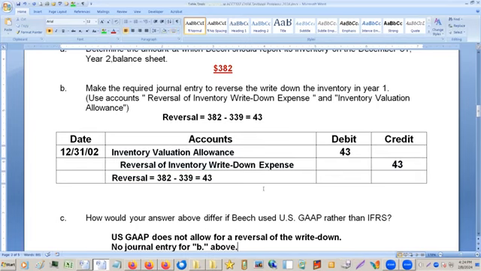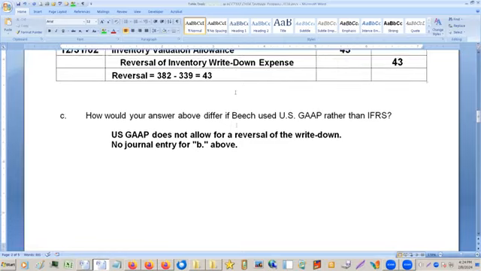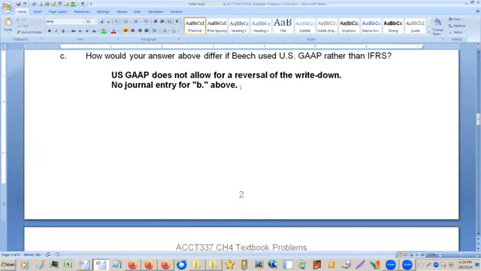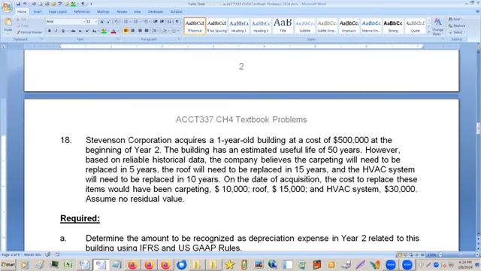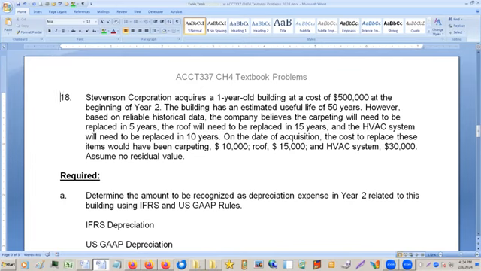And you kind of find that with U.S. standards that they don't let you recover. So this is a fundamental difference, especially for things like buildings, between international standards and U.S. standards.